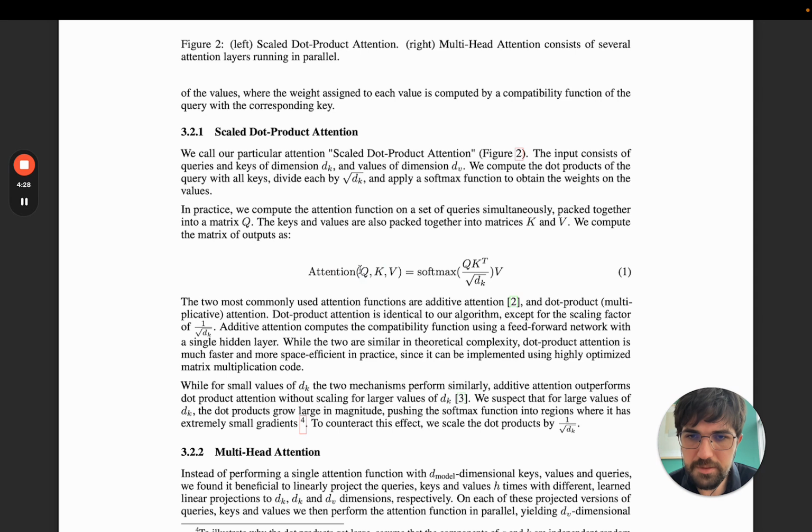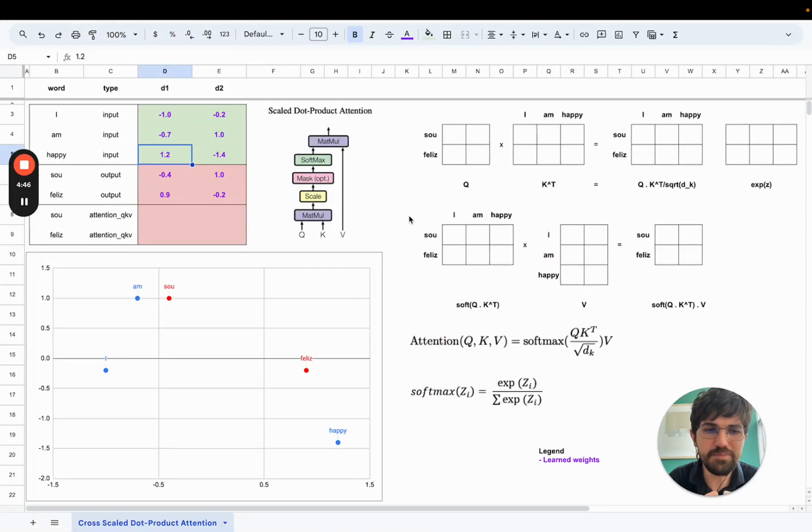We have three terms here as input, which they call query, key, and values. Those terms come from information retrieval, and here I hope to give some intuition on how they work in practice.